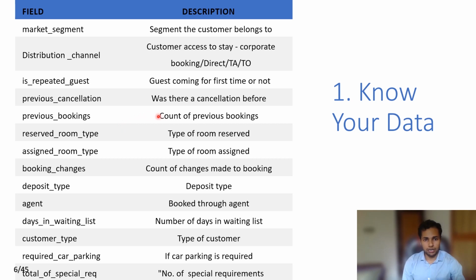And we have the count of previous bookings, the type of room reserved, and the type of room assigned to the customer, the number of times the customer changed the booking, and the deposit type, whether the deposit was made or not. We also have the agent number the customer used to book, the number of days in the waiting list, the type of customer, whether car parking was requested, and the number of special requests made by the customer.